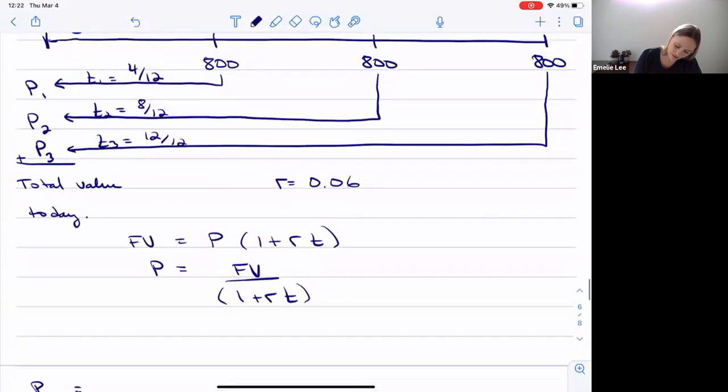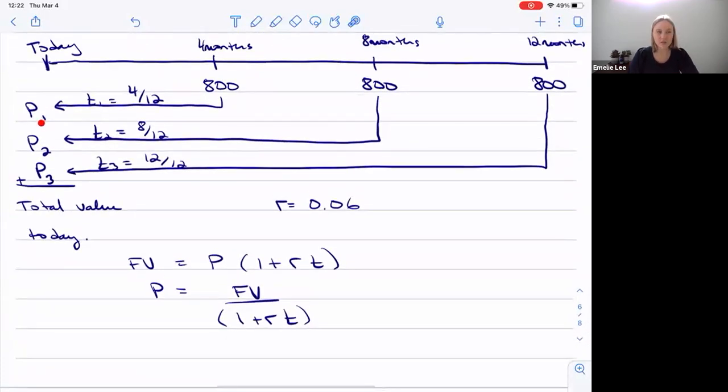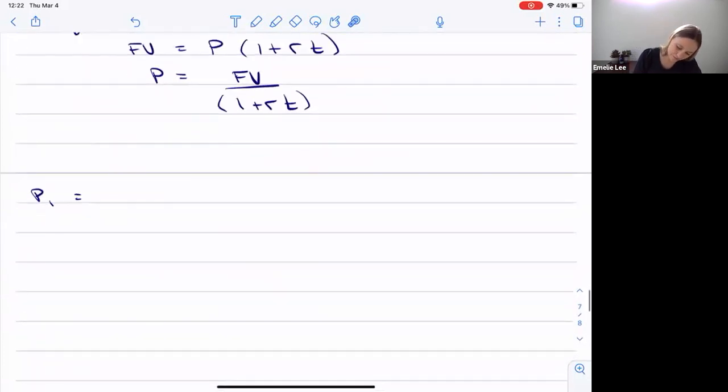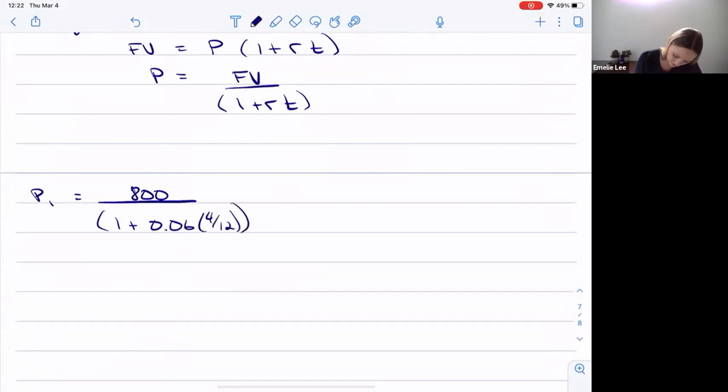P1 is, okay, so now I'm just focusing on P1. P1 has a future value of 800. R is 0.06 for all of these, and T for P1 is 4 over 12. So I'm going to solve that here. 800 over 1 plus 0.06 times 4 over 12.